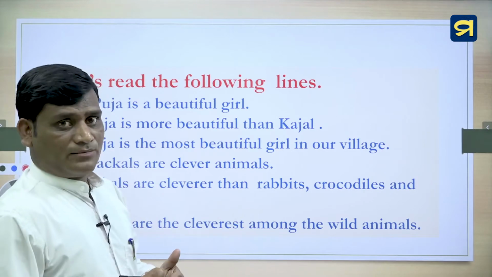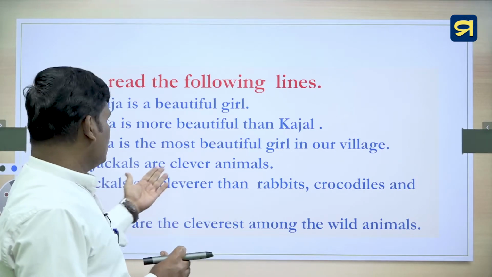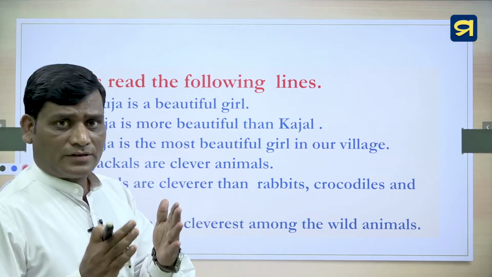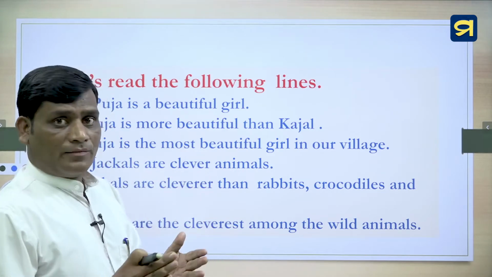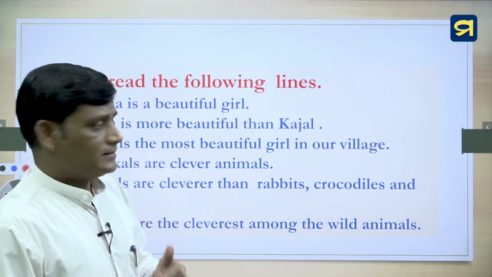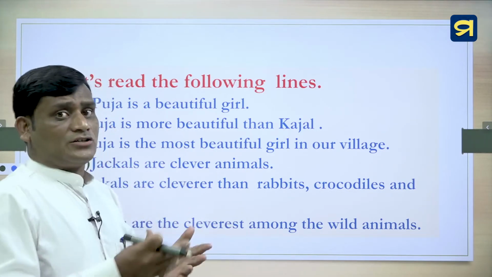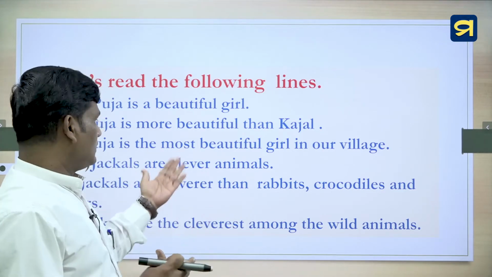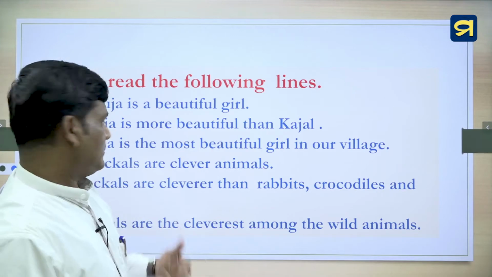Similarly, in example 2, A. Jackals are clever animals. Here, jackals are one of the race, and cleverness is their quality. Here, no comparison is made. Here, no highest quality is described. So we may call it the positive degree of adjective.